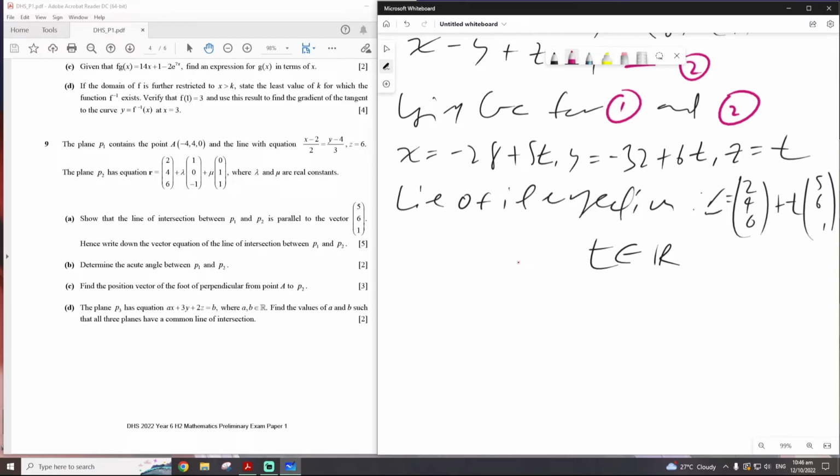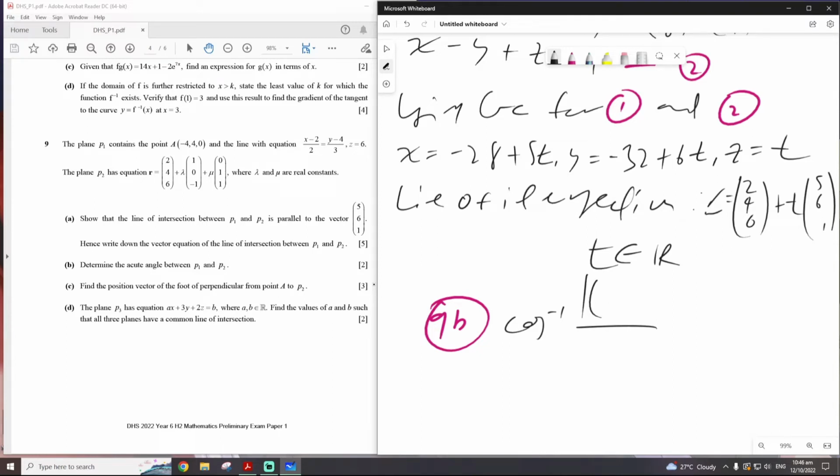Part B, determine the acute angle between P1 and P2. Okay, very standard. It is simply cosine inverse of the dot product of the two normal vectors, then divide by each of the individual magnitudes.